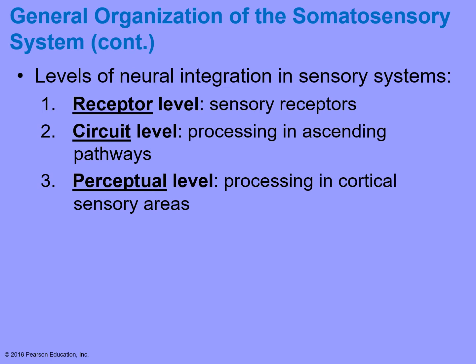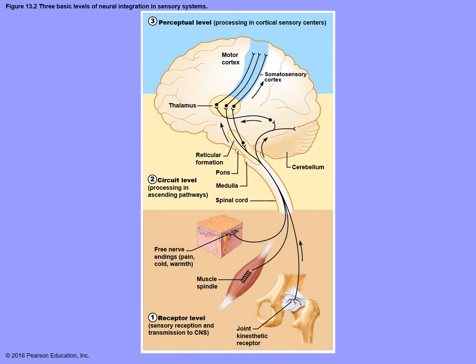The receptor level includes your sensory receptors. Circuit level refers to processing that's occurring in the ascending pathways, which means it's going towards the brain. Perceptual level is the processing that occurs in those cortical sensory areas of the brain. So the receptors are picking up whatever the particular sensation is.